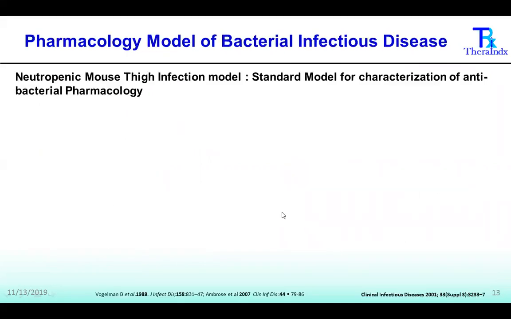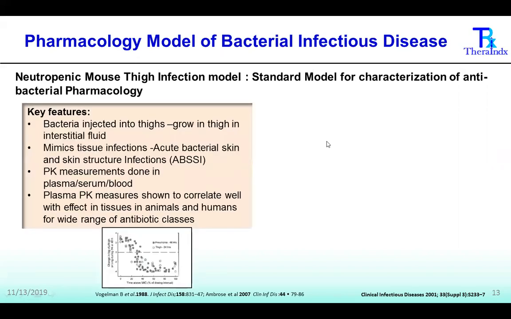Before going to the single dose pharmacological time course experiments, we have to understand the animal model of disease. In infectious diseases, bacterial infectious disease, that is, the neutropenic mouse thigh infection model is a standard model for characterization of anti-infective pharmacology. The key features of this model are bacteria are generally injected into the thighs of the mice, where they multiply in the interstitial fluid.